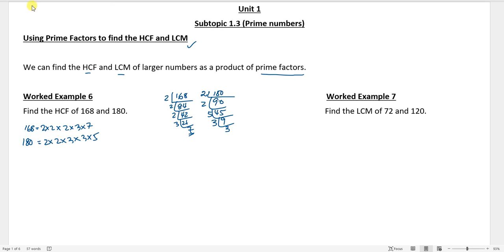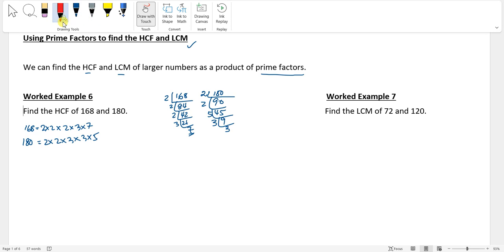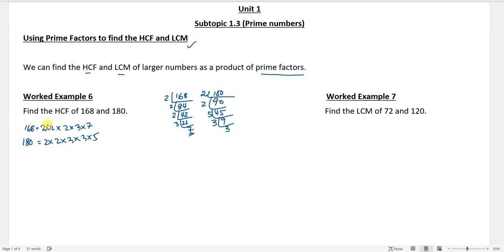So now, how to find the HCF? You see, we are going to circle the common factors for both 168 and 180. So 2 is a common factor, 2 is also common, and we have 3 here.